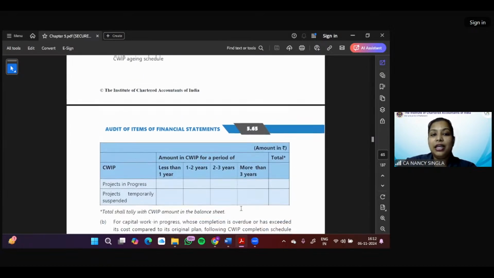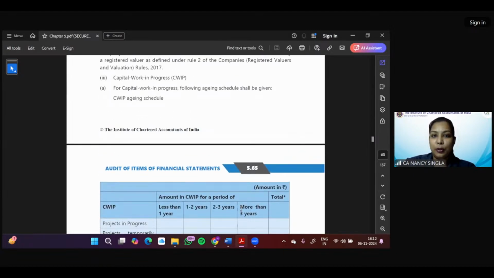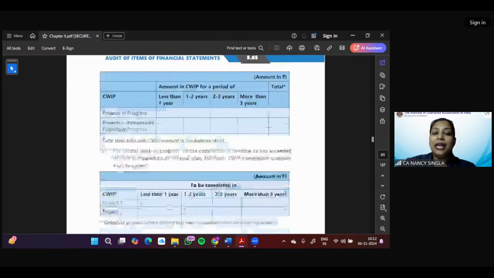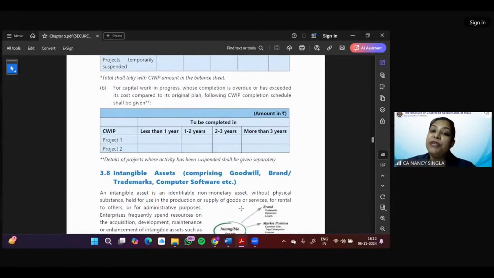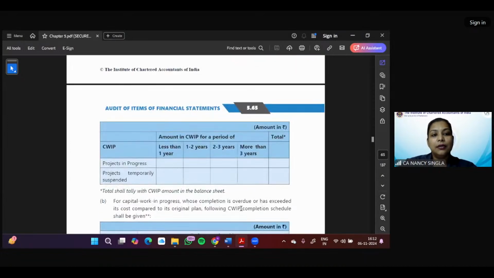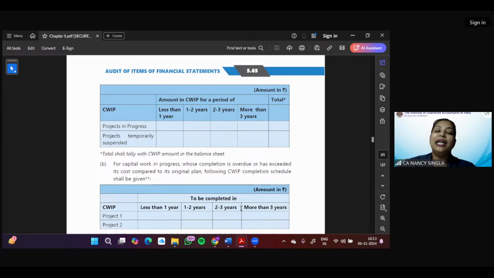So here it was the CWIP aging schedule, right? The A point. Now we are discussing the CWIP completion schedule, that is, how much time will it now take to get completed. Are you able to understand the difference? Earlier we understood the aging schedule, how old it is, or for how long the amount has been held as CWIP.